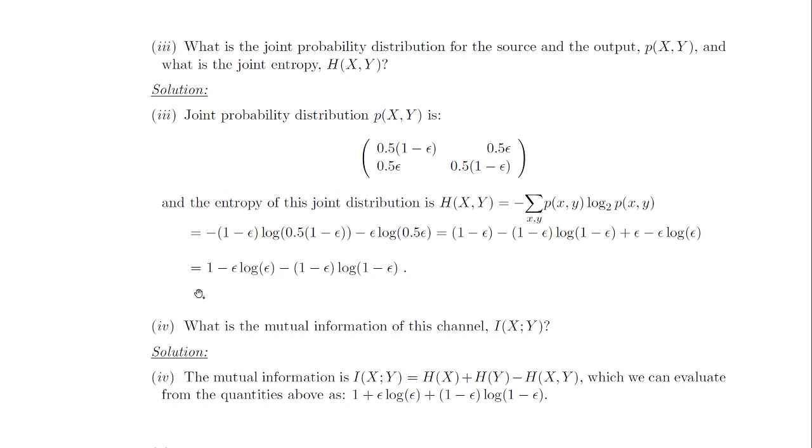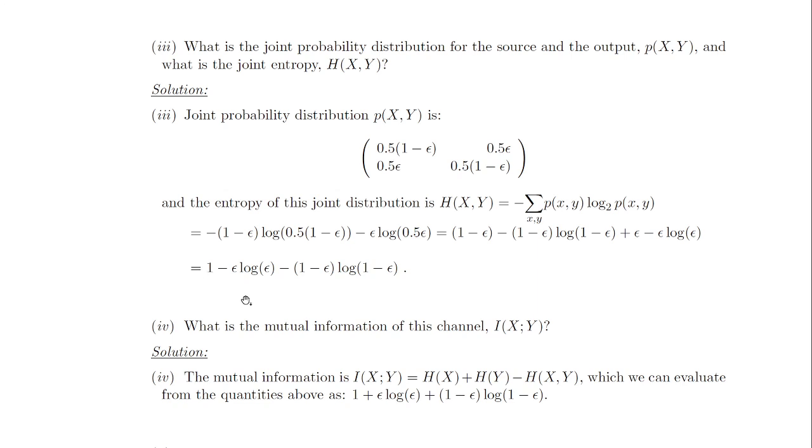This is the entropy calculation. This is the joint entropy for P of x and y as a function of epsilon, the probability of a flip occurring in the channel. Well, you can see that it's an inverted U-shaped curve, but its minimum value is actually 1, not 0.